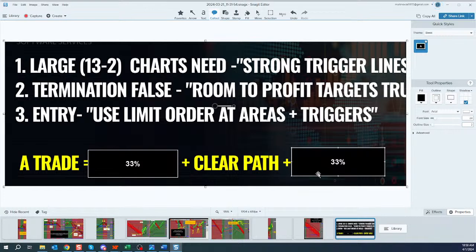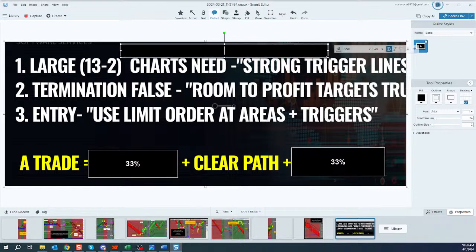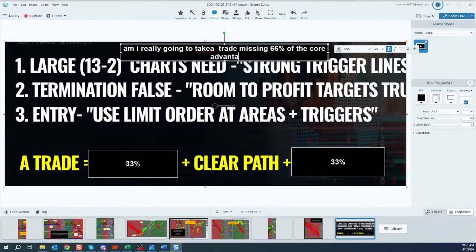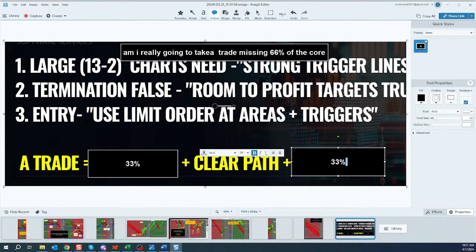That's 33% of my advantages. And there's this phenomenon that happens when you speak to yourself in terms of advantages. Am I really going to take a trade missing 66% of the core advantages? And only you can answer that, guys. Only you can answer that question on whether or not you're willing to.